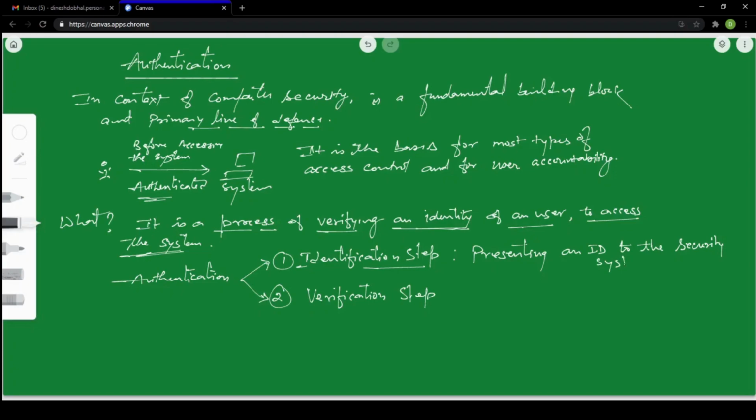Whereas the verification step is presenting, gathering or generating the authentication information or authentication data.